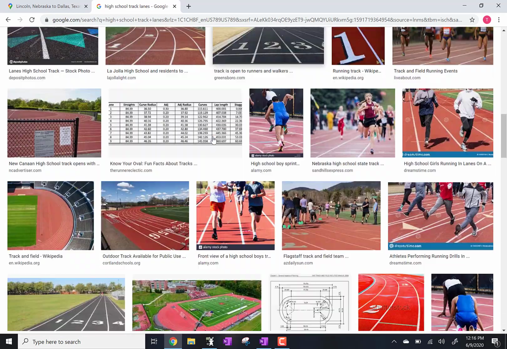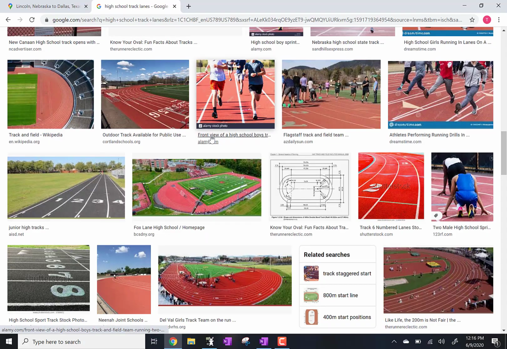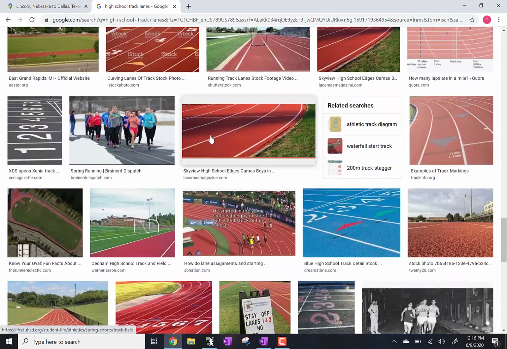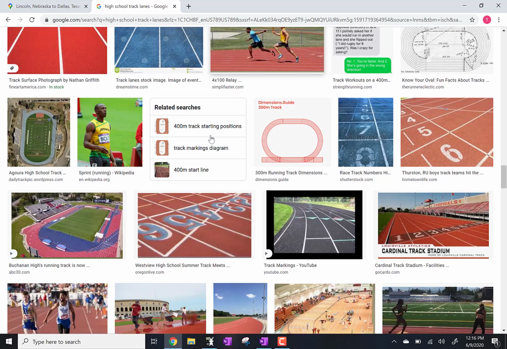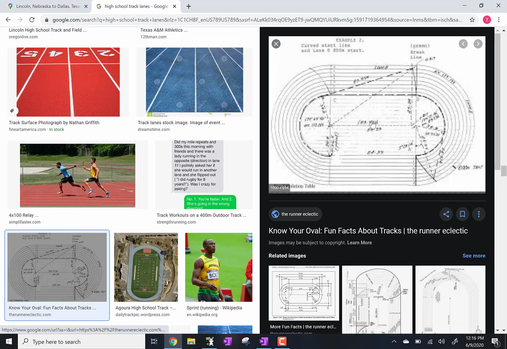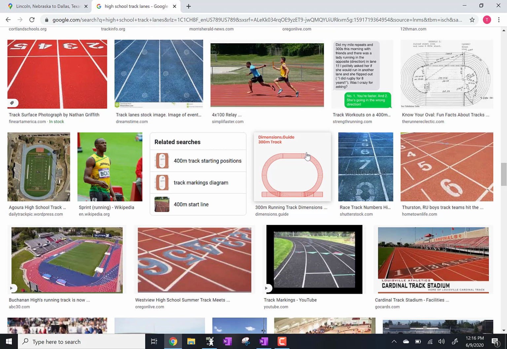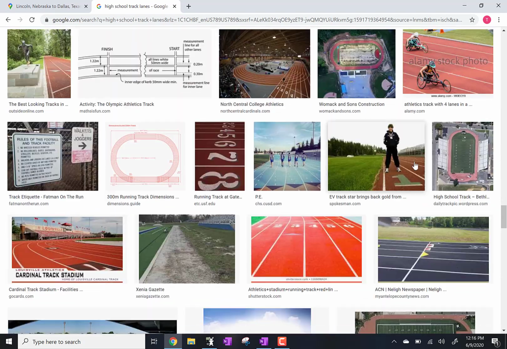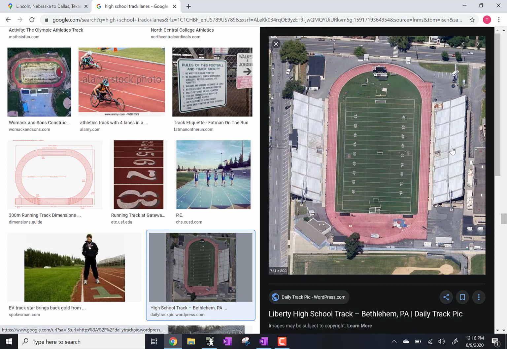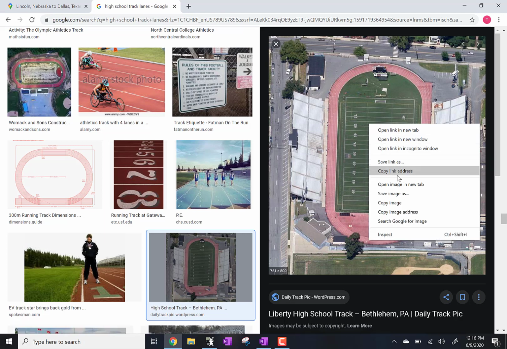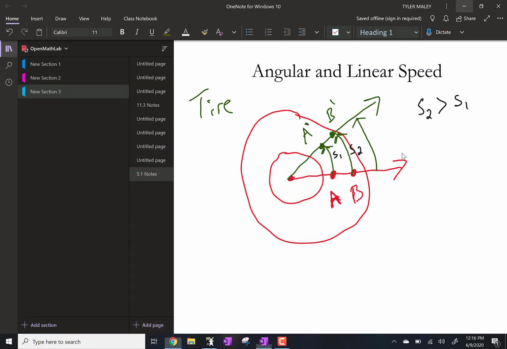So I was hoping for more of a bird's eye view. All right, so we can kind of see it with this. Let me just throw this image into OneNote so I can write on it.